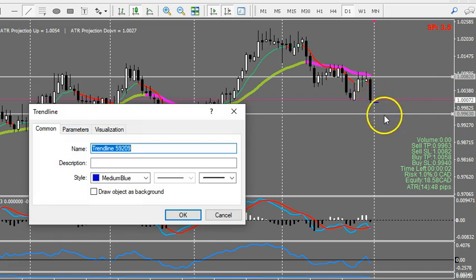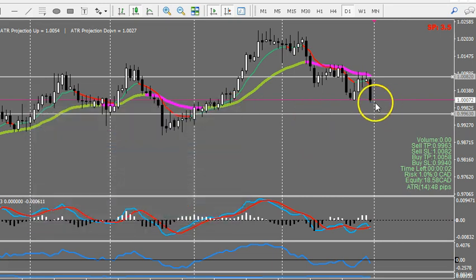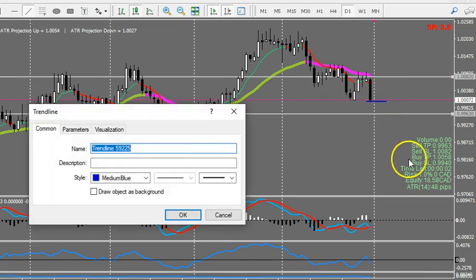So once the trade goes to this level, I'm sorry, I did want to mention, once you enter a trade, let me again just draw that. Once you enter a trade, then you go back to the bottom here below your chart and click on your trade entry, right click for modify the trade.